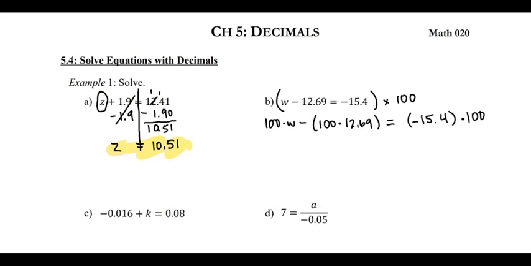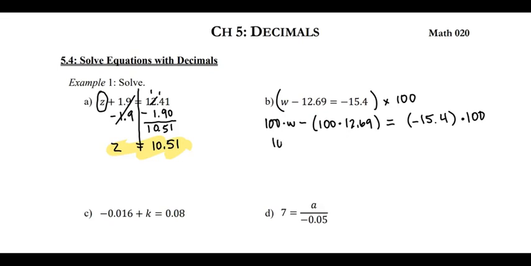Multiplying the entire equation means I do it three times. I had W, I had 12.69, and I had negative 15.4. All of these got multiplied by 100.